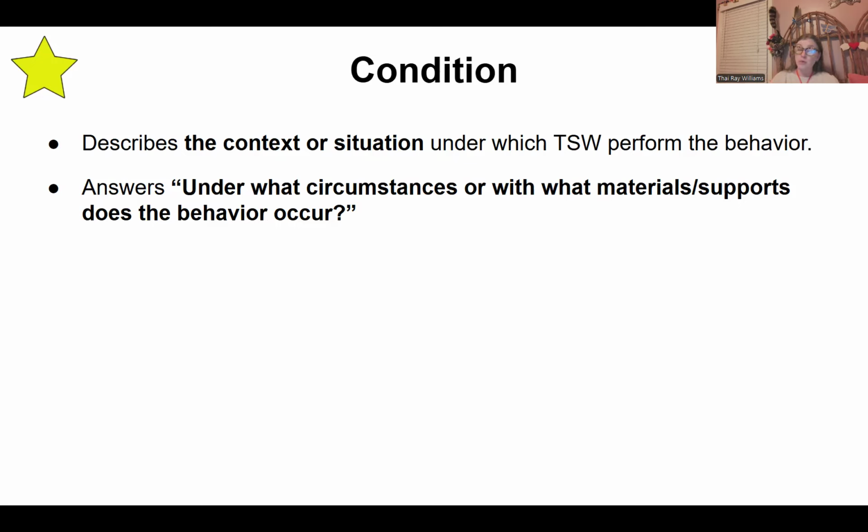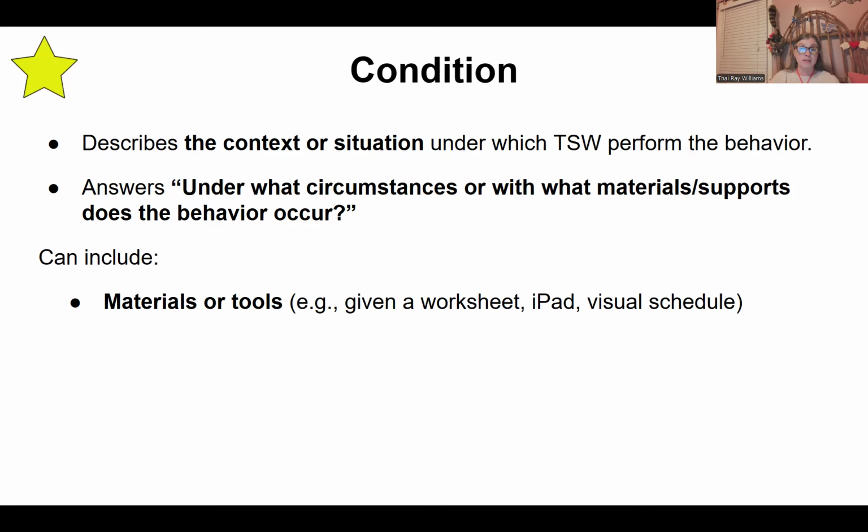That's how you determine the circumstance. It could include materials or tools, so given a worksheet, and then you would describe what the worksheet contained. Given an iPad, given a visual schedule, it's going to be related to materials or tools. That's one type of condition.